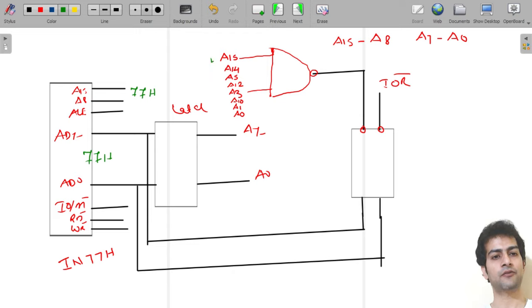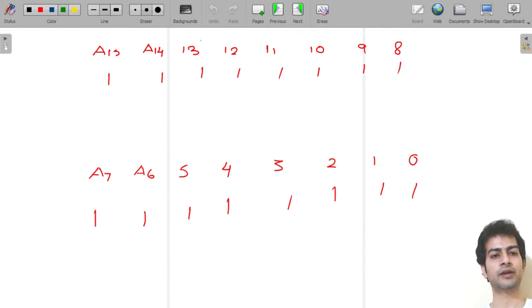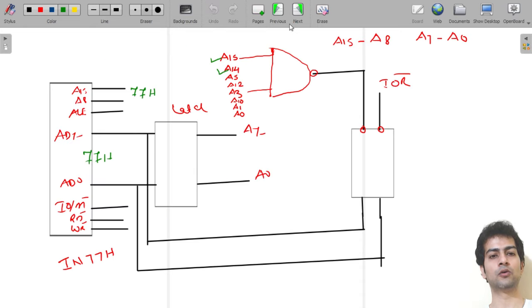Here I have A15, then A14, then ideally we should have got A13, but I have written A5. What is the value of A13? 1. What is the value of A5? 1. So will it make any difference if I connect the A13 address line or the A5 address line? No, there will be no difference.